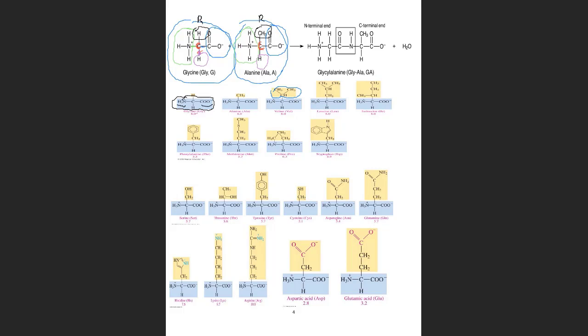The only difference is the R group. In alanine it is CH3, and we have different R groups, and that is the main difference of the 20 amino acids. So the differences in the 20 amino acids present in human proteins just depend on the characteristics of the R group.